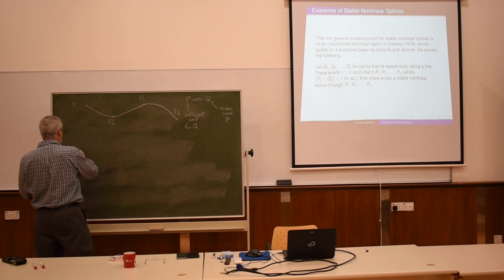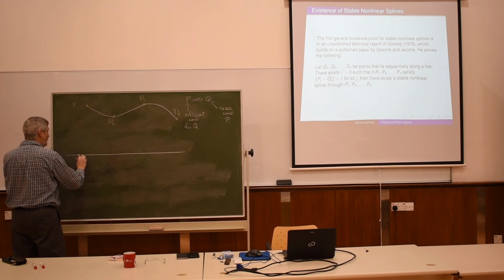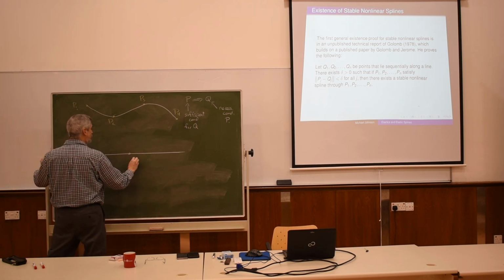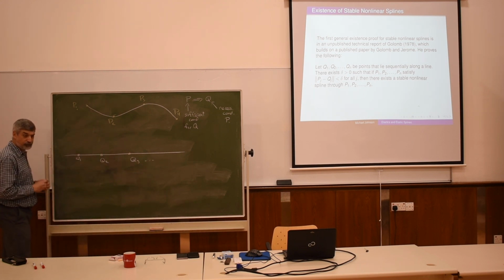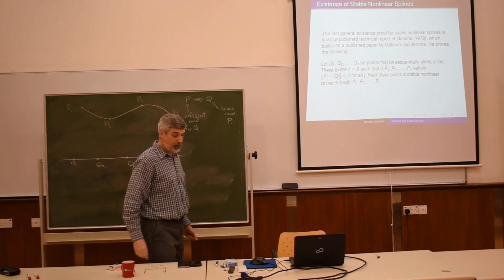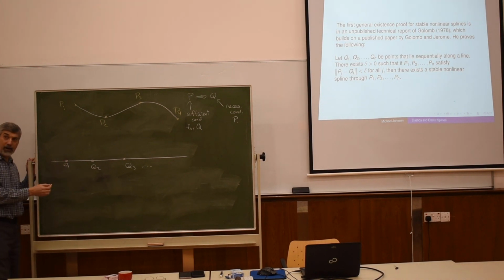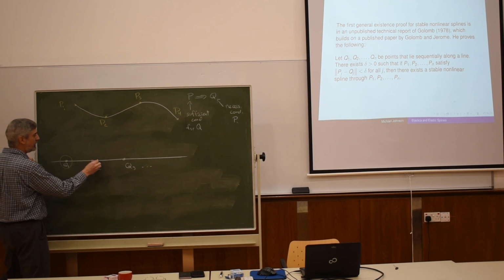So if you have a line and you put points on the line, we'll call them Q1, Q2, and so on, then there exists an epsilon positive, so that could be very small, so small that I can't even draw it, but I have to draw something, so I'll put it big so you can see it.